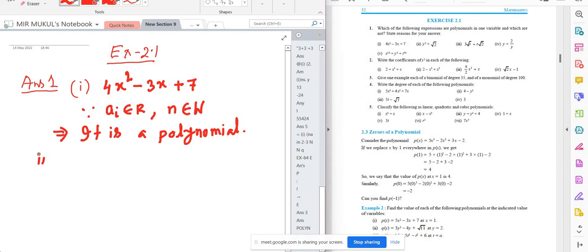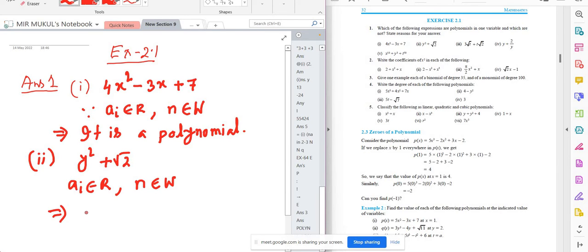Okay, check the second one. y square plus root 2. Here also the coefficient a_i is a real number. This symbol is called belongs to. It is a mathematical symbol, you will remember. And the power also we are getting is a whole number.